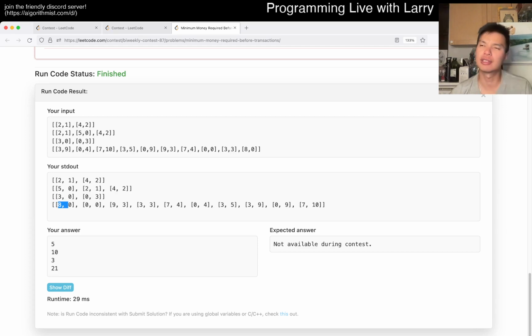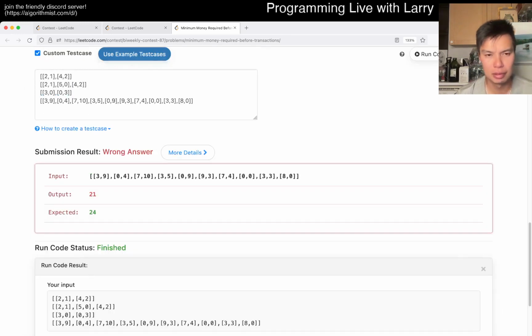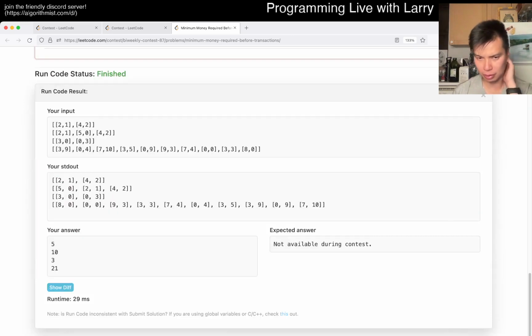Can I do induction on that? What is wrong with this one? Do you always want these cashback ones? Clearly not, because this is showing me the wrong answer. How did I get an answer that's slightly wrong in the same idea?